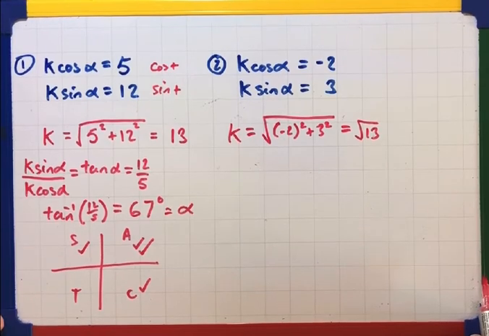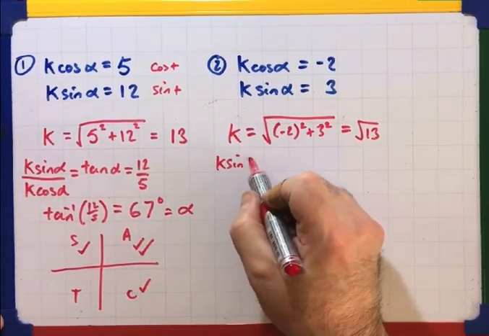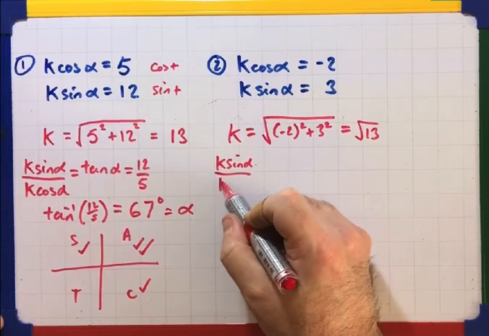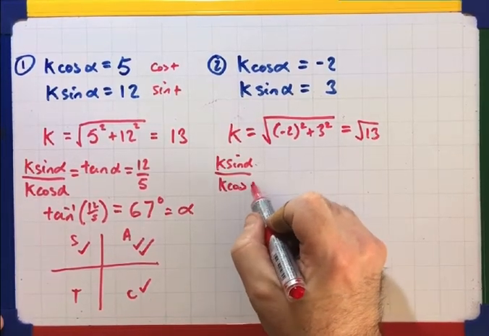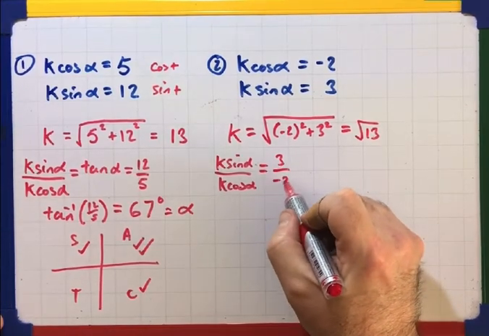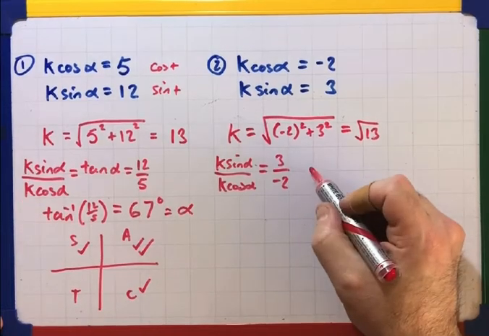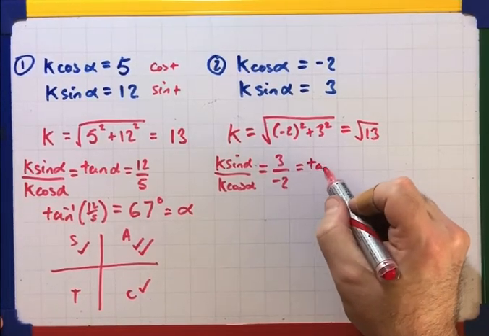Generally, exact answers are the best sort to leave, unless you're asked for a decimal. So just leave it as root 13. Next, we know k sine alpha over k cos alpha is equal to 3 over minus 2, and that's equal to tan alpha.